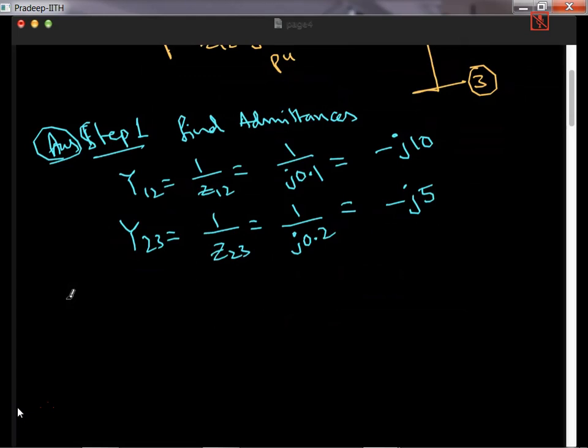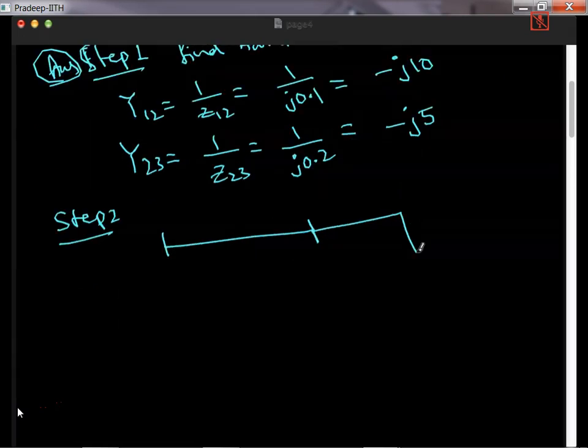Now, step 2, just form the matrix. This is bus 1, this is bus 2, this is bus 3. So Y12 is minus j10.